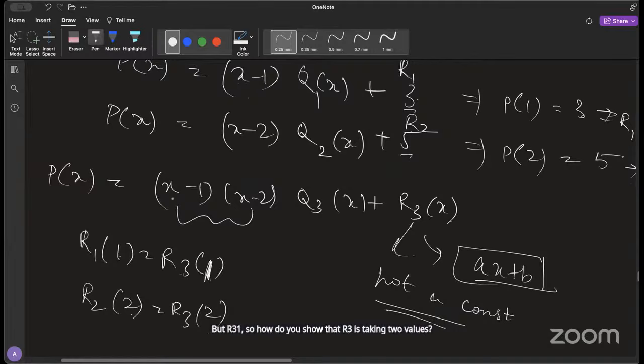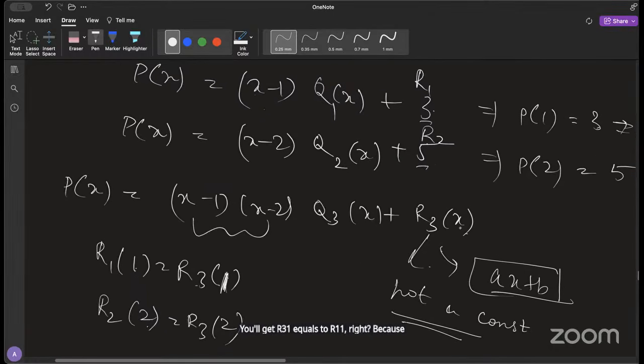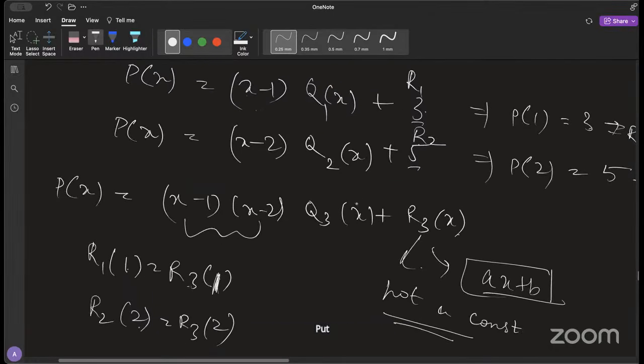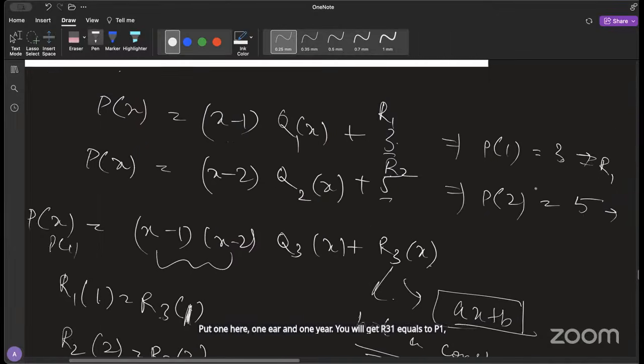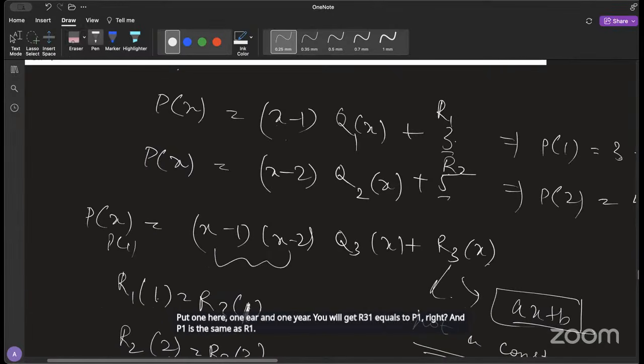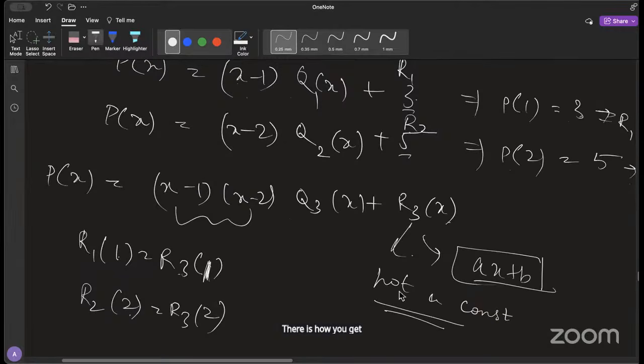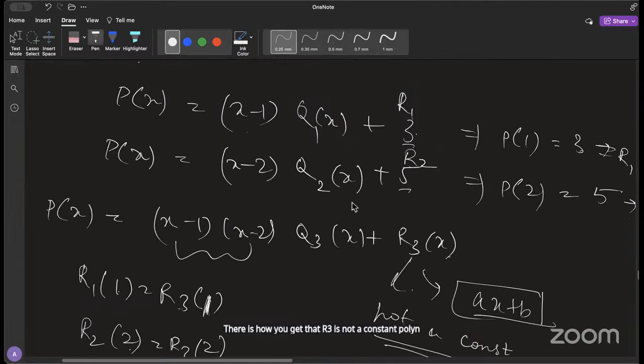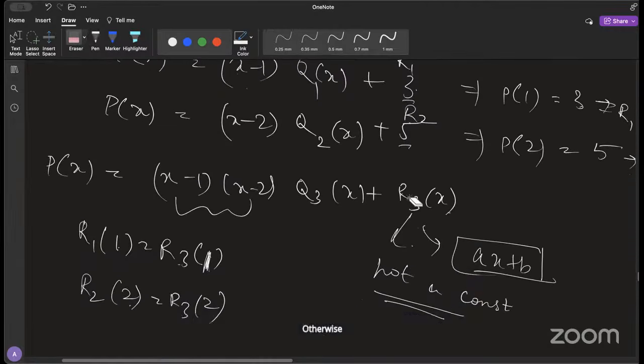Because R3(1), put 1 here, you will get R3(1) equals P(1), and P(1) is the same as R1. Here is how you get that R3 is not a constant polynomial, because these two are taking different values.